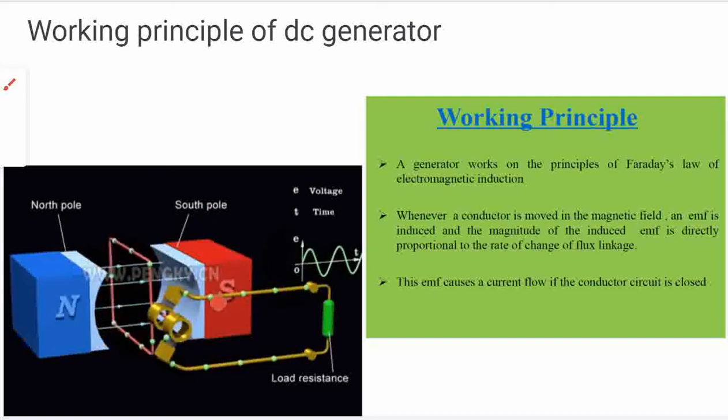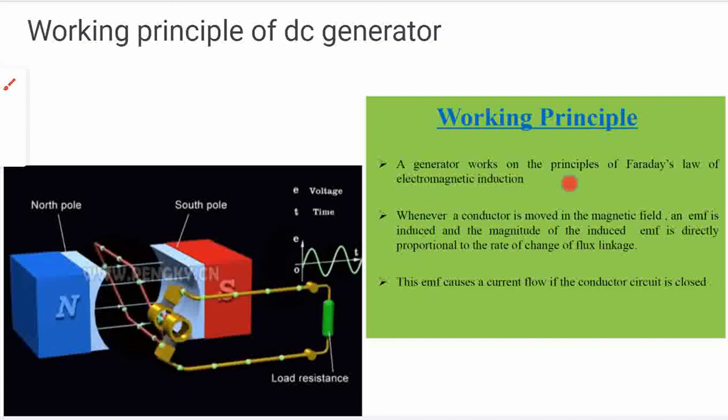With the help of electromagnets we generate a magnetic field, so the poles are formed like this, north and south pole. This is the coil or winding I am considering. This is the commutator and this is the brushes. Through the brushes a wire is connected to the external load circuit.